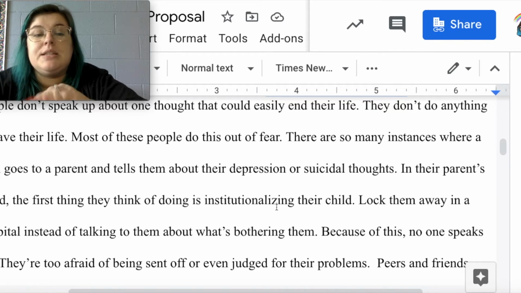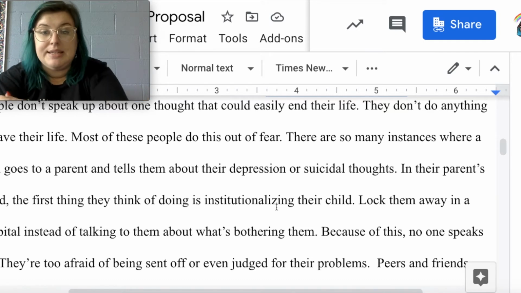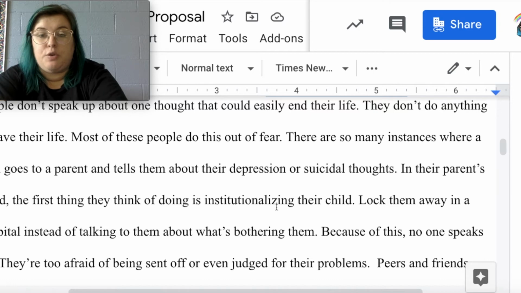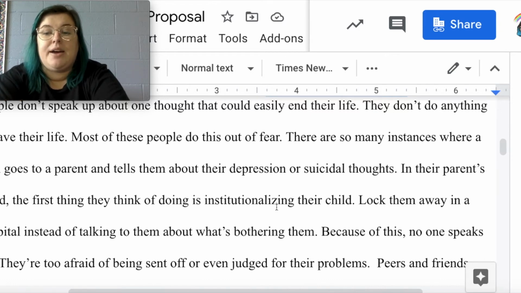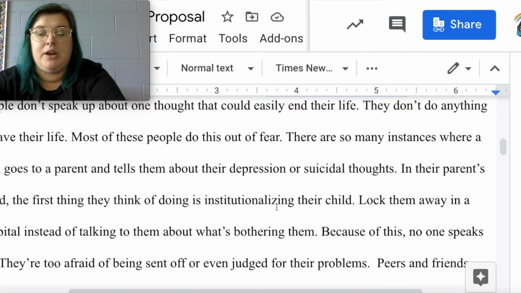But the reason it's okay for her to use personal experience here is because she's already given us some factual, detailed information about suicide rate increases. And then to back up the fact that there is a stigma, she's talking about how she herself has faced that stigma from her own parents.